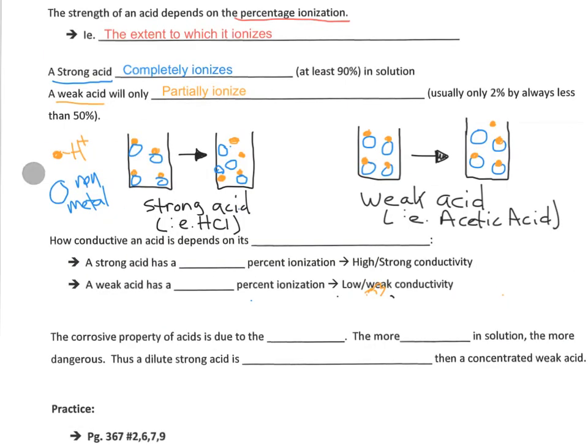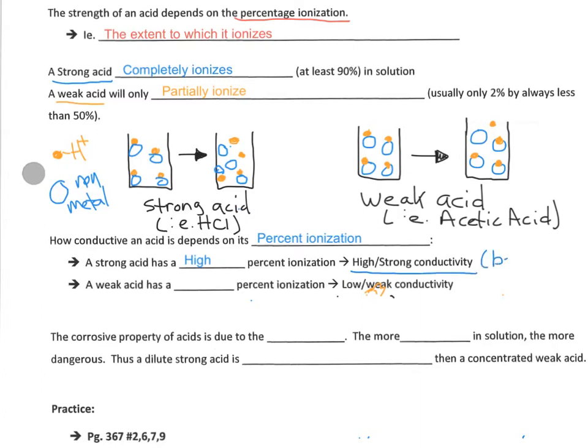The reason why hydrochloric acid has a much higher conductivity compared to our weak acid is because how conductive an acid is depends on its percent ionization. A strong acid has a really high percent ionization, which means it has a really high or strong conductivity.